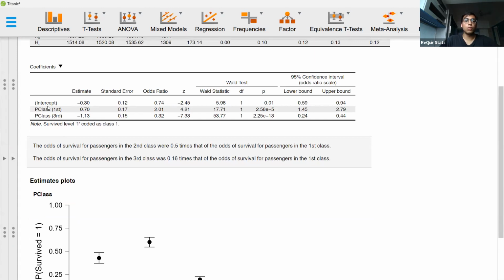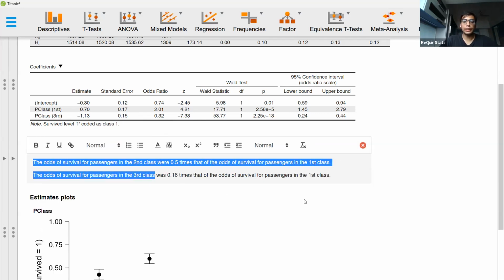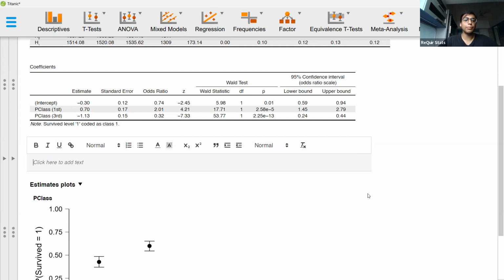So now you see that the reference class is now second class. And this is essentially now a comparison between first and second class, and third and second class. Let me now delete this and let me interpret between the second and third class.